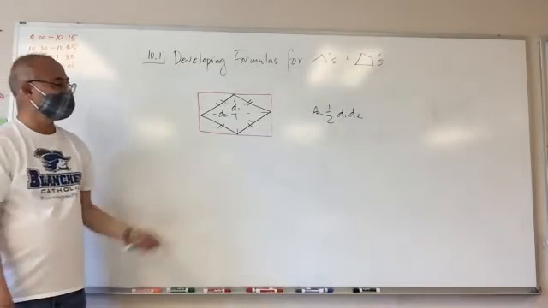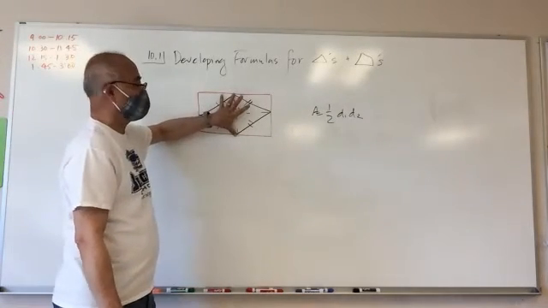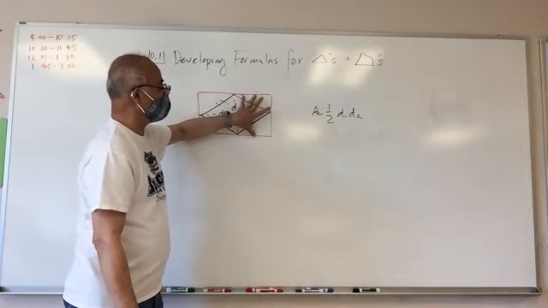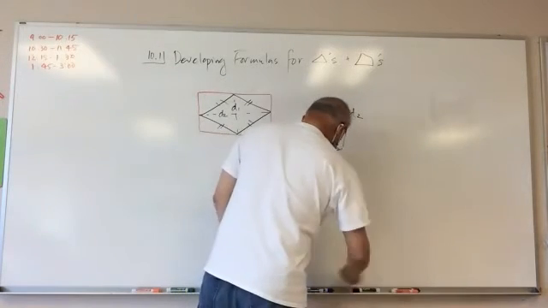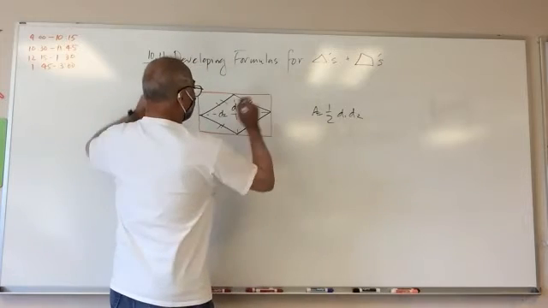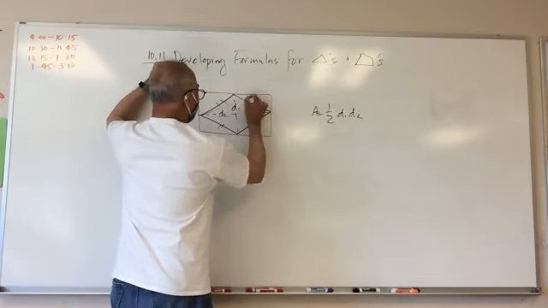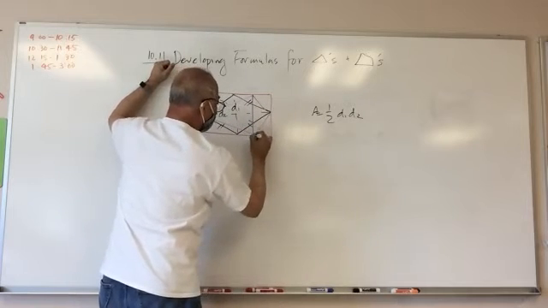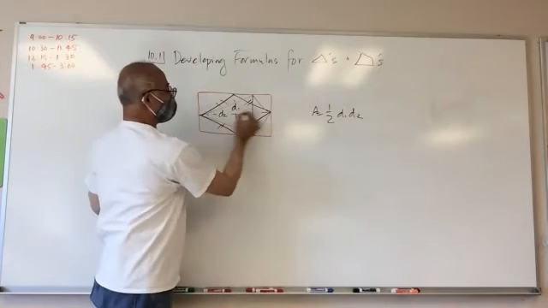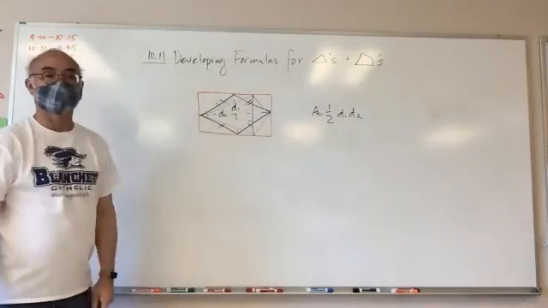By the same token, if I took this D1 and slightly moved it over here, now I'm going to come up with a shape that looks like that, with a D1 and a D2, right?